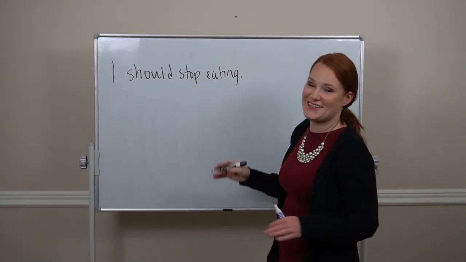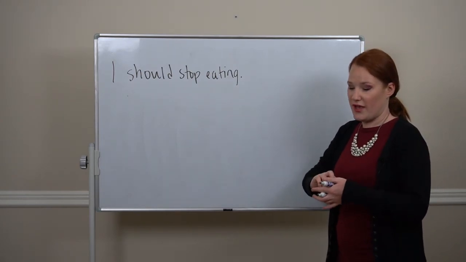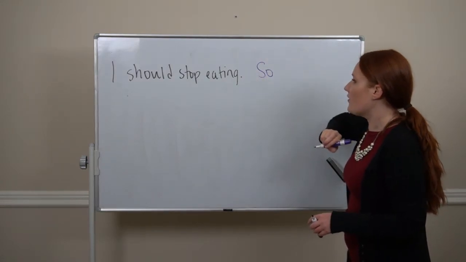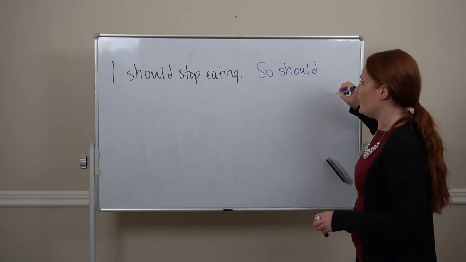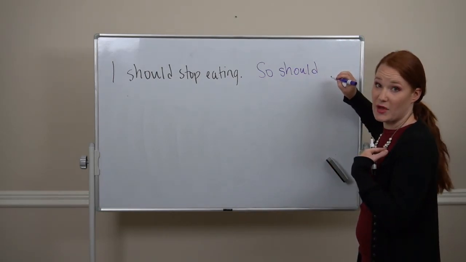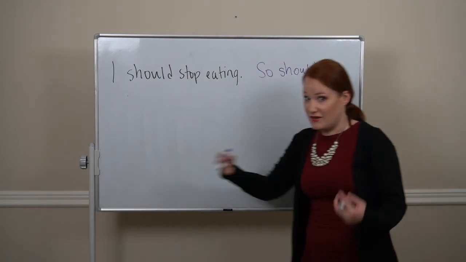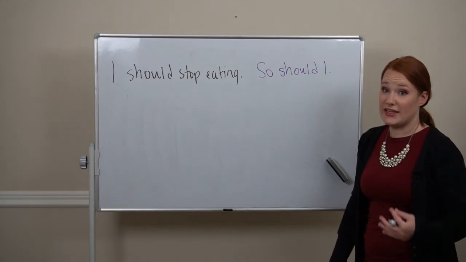I'm too full, I should stop eating. I want to agree with them in a short way. We'll use the word so, then the auxiliary verb, then the subject. Well, I'm talking about myself. So should I. Oh, so should I. I should also stop eating.